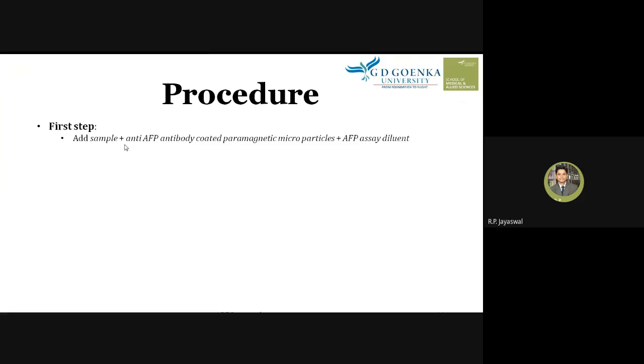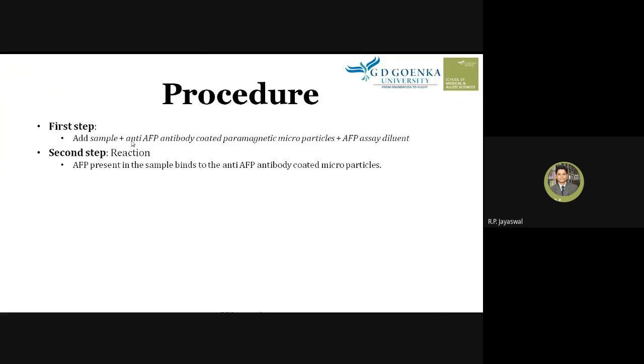And for proper binding of the AFP with the anti-AFP antibody, we use sample diluent. Okay, this is the buffer which provides binding of the AFP with the primary antibody.